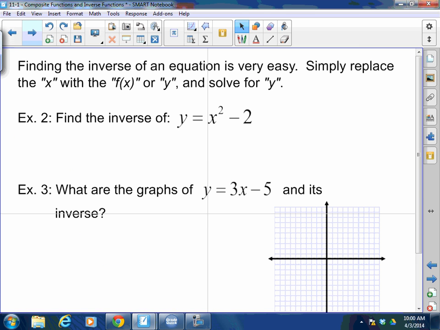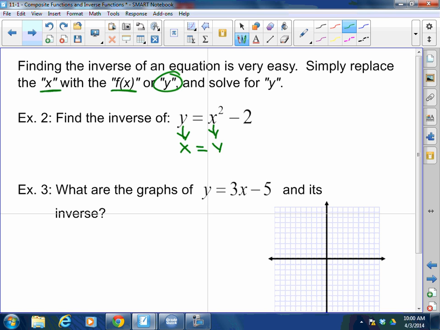Finding the inverse of an equation is just as easy, I promise. Simply replace the x with the f of x or y, depending on what they tell you, and then solve for y. Make this y an x. Make that x a y squared. Now solve for y. So add 2 to both sides.